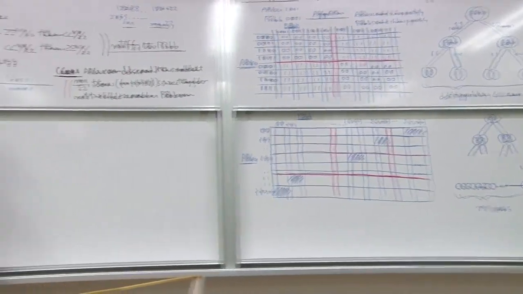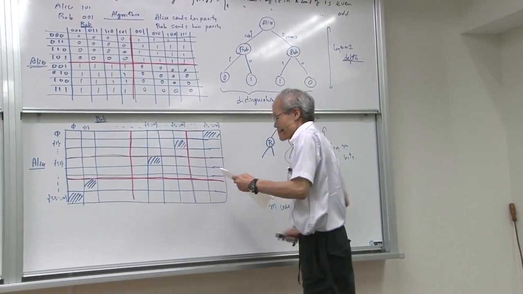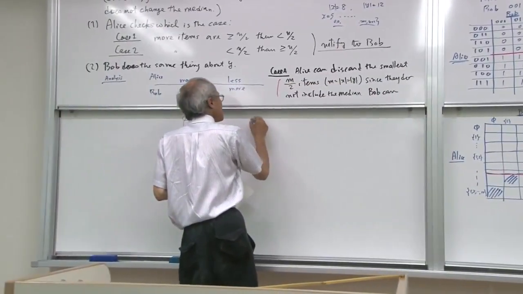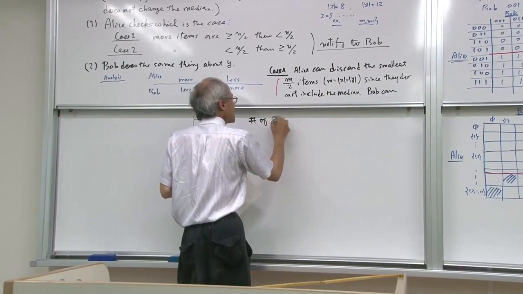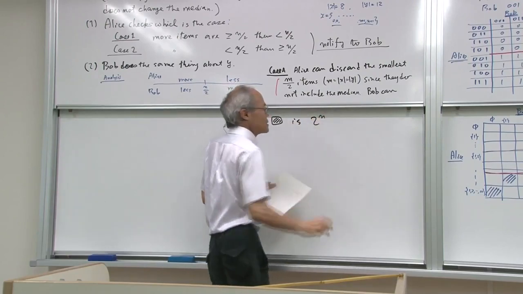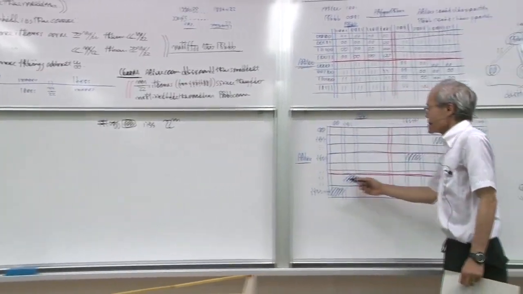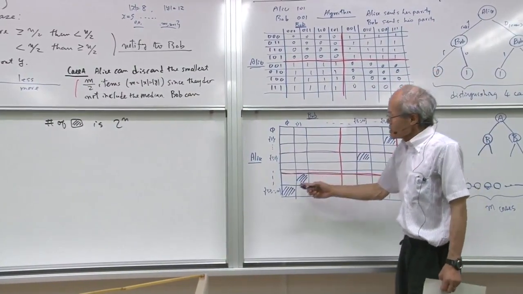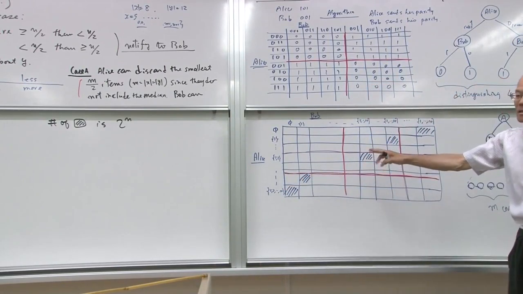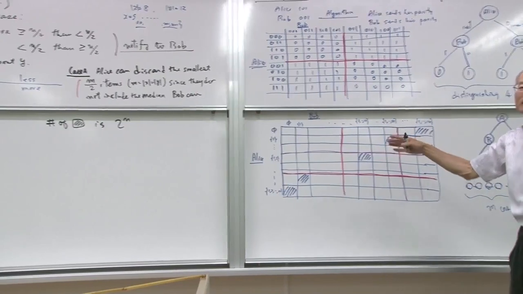So this is a simple observation. We just look at the cells. We have cells like this. There's one cell in each column and each row.